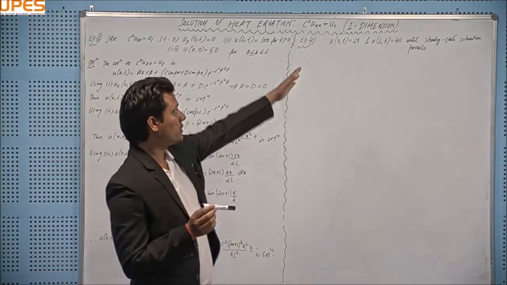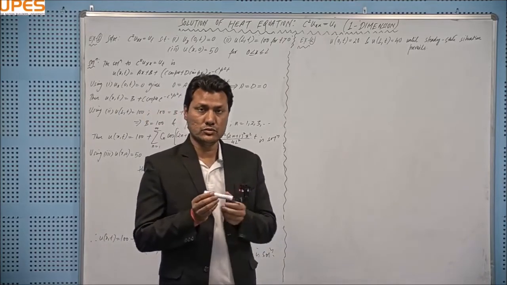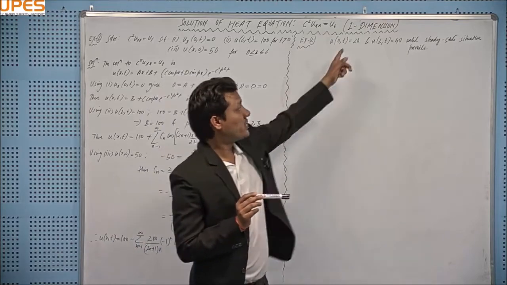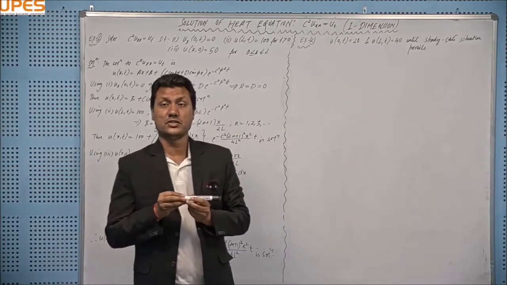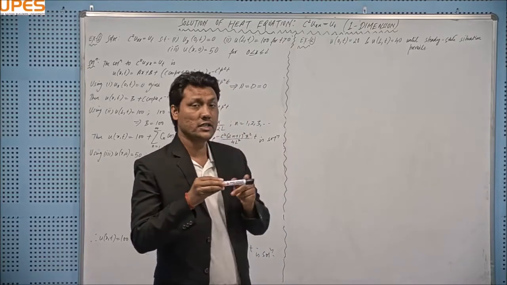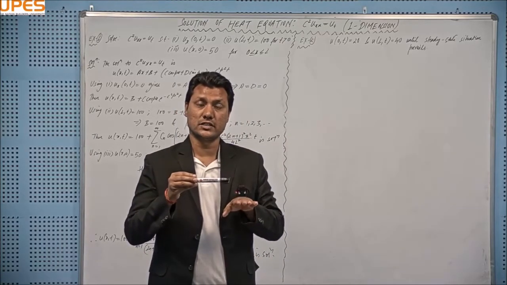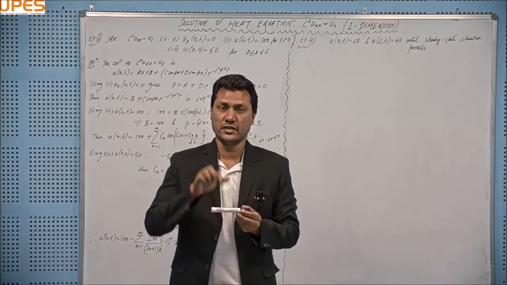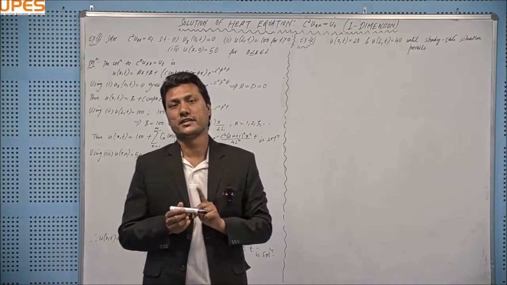Then you change the temperature: the left end, which was at 20, you raise, let it become 50, and the right end, which was at 40, you decrease by 30 degrees Celsius, so it becomes 10, and now the experiment starts. Then you have to find the temperature distribution inside the rod.